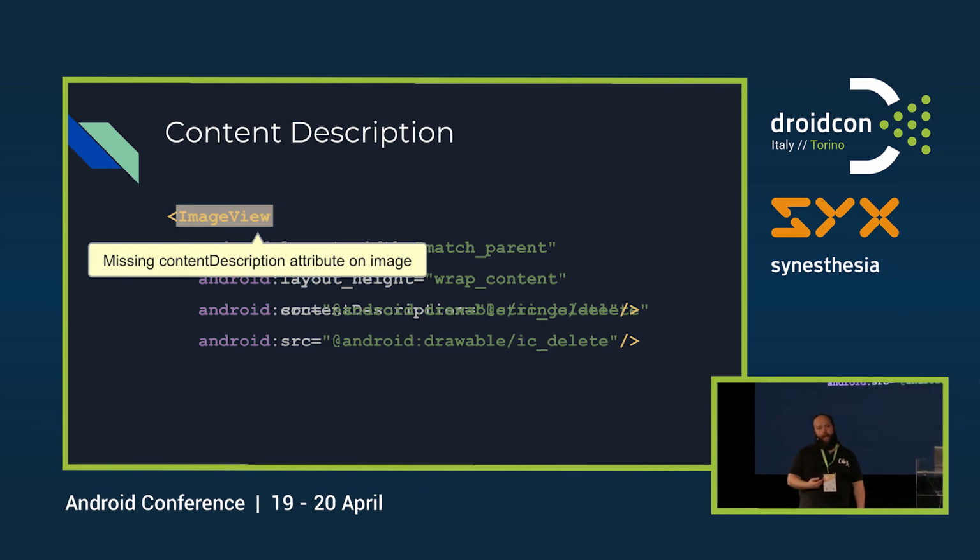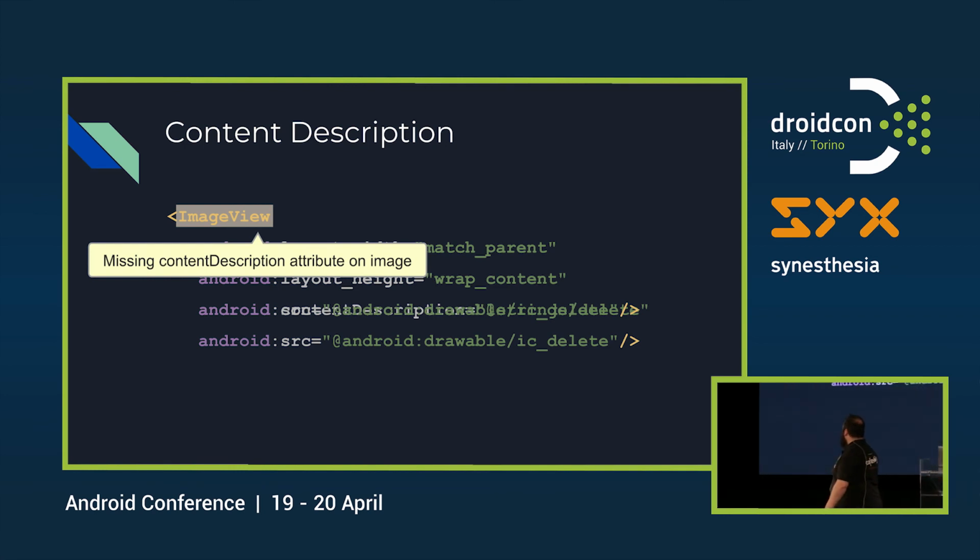Obviously, we can implement it for meaningful image views. If you have a photo of a dog, you can write it. But for dynamic images, you can think about something like the alt parameter in HTML.